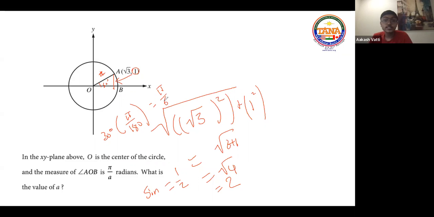Oh yeah, right. The other way of doing this, I did a really long way of doing this, is to recognize that this is a 30, 60, 90 triangle. And because of that, you know that since the long bottom side is square root 3, and the other side length is 1, then the hypotenuse has to be 2, because remember 2x, x, and x square root 3.